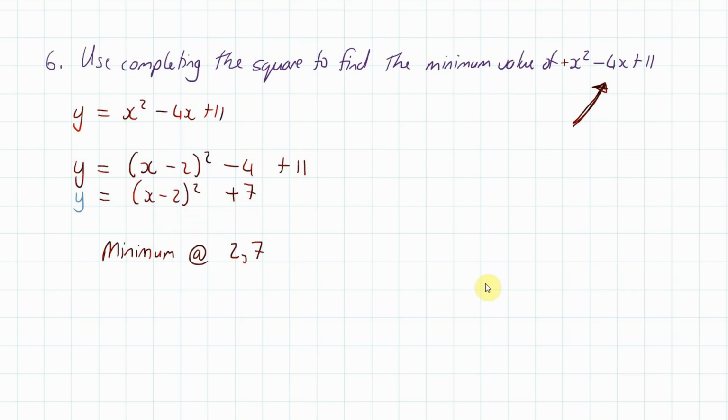So you look at how you can make this bracket equal to 0 when you square it, and the answer to that is 2. Now, when you put 2 into that bracket, what's your y value? Well, 2 minus 2 all squared is 0, 0 squared is 0, plus 7. So that 7 is the minimum value you can get out of this equation.